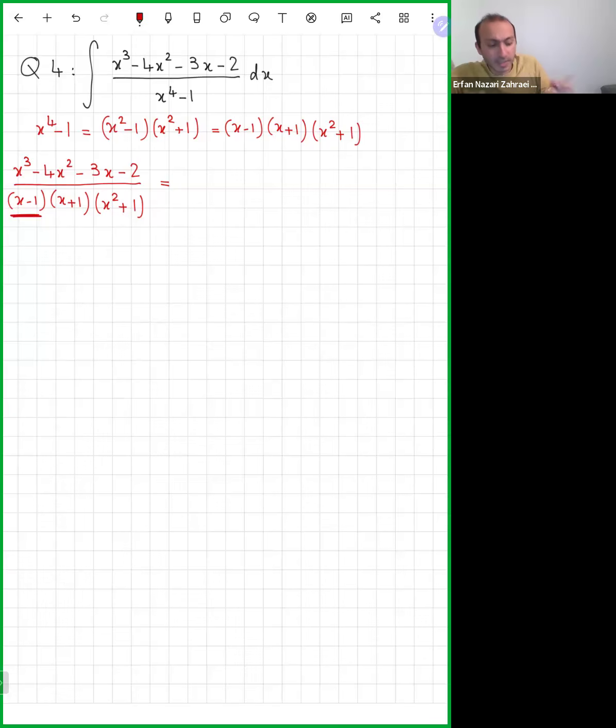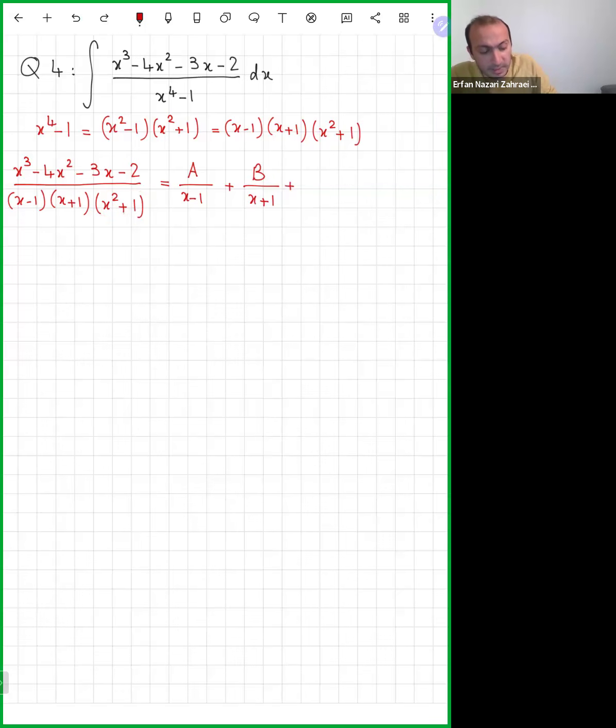Contribution of this term: it's a linear term and its multiplicity is 1. So it has only one contribution with the same denominator, but because constant is one degree lower than linear, I have one constant on top. Contribution of the next term: it's again linear, multiplicity 1. So it has one contribution, and on top I have one degree lower than the bottom, which is constant.